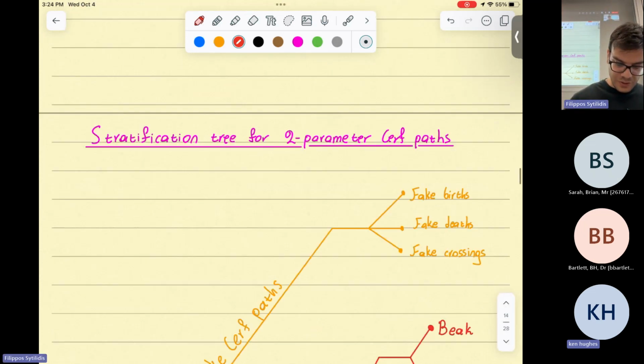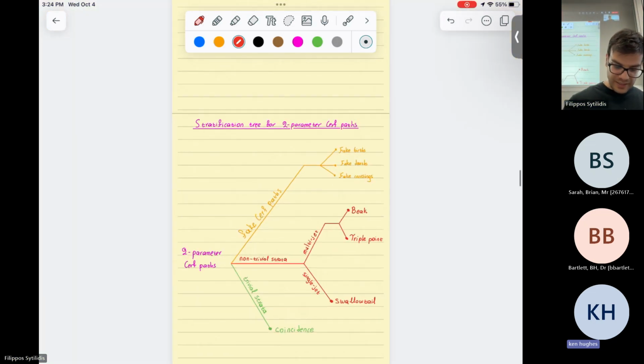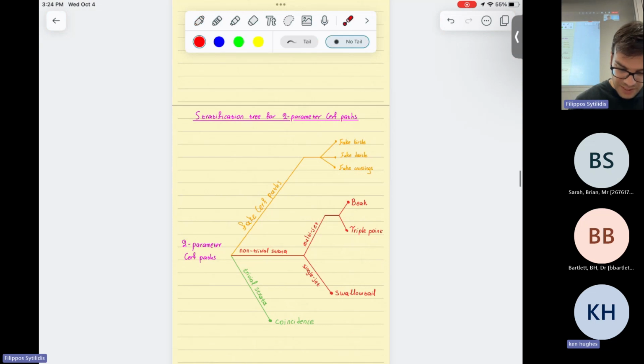And so my stratification tree for the two-parameter surf paths is basically my stratification tree for the F2 strata plus these fake surf paths, with fake births, fake deaths, and fake crossings.